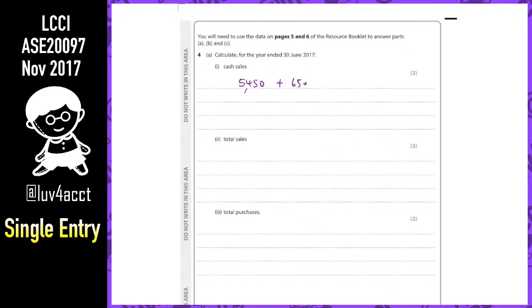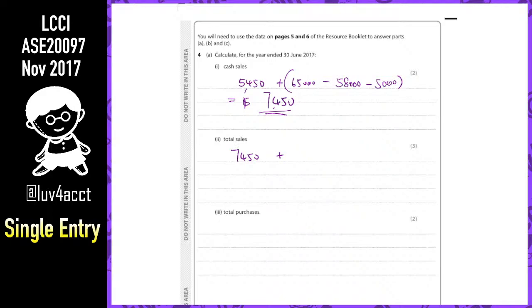That is 65,000 minus 58,000 minus 5,000. Okay, that would give cash sales of 7,450.